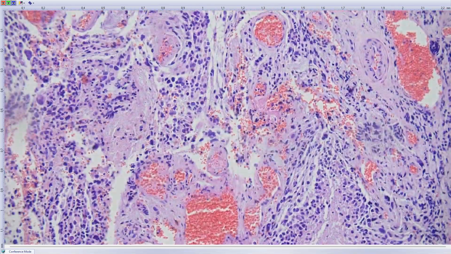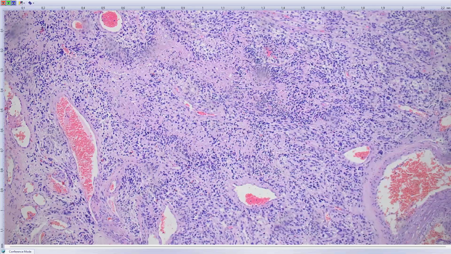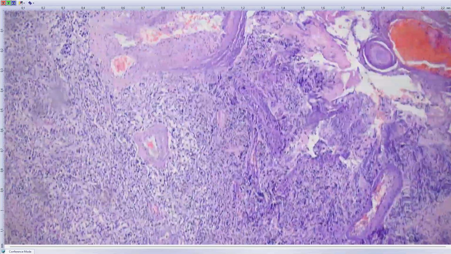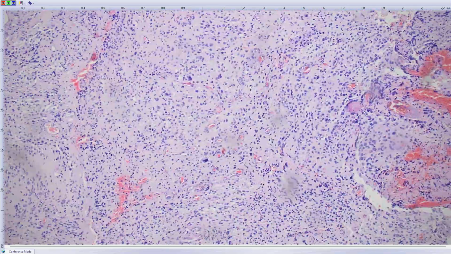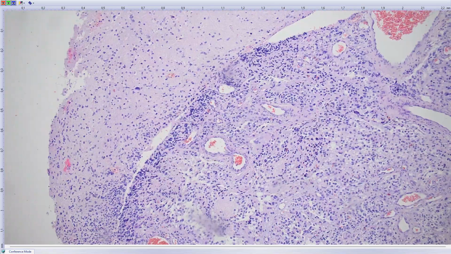But maybe there are some more parts, more spindle cell looking. So how to solve the case?